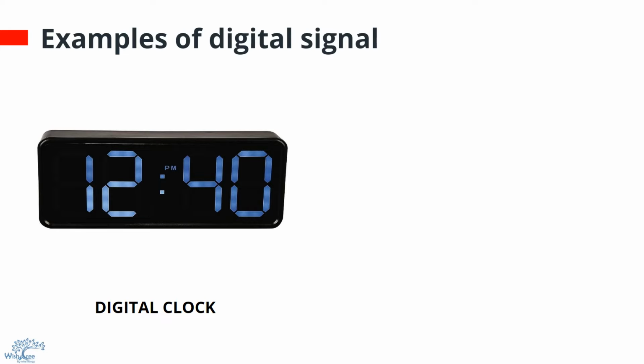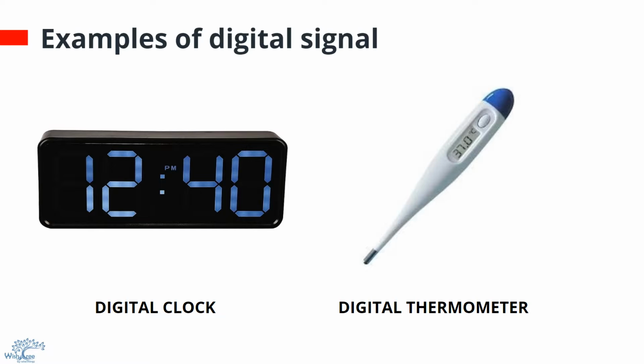Similarly, computer systems work on digital signals, that is binary, zeros and ones. A digital thermometer also shows temperature in numbers in comparison to the thermometer which was based on mercury. So these are some of the common examples of digital signals.